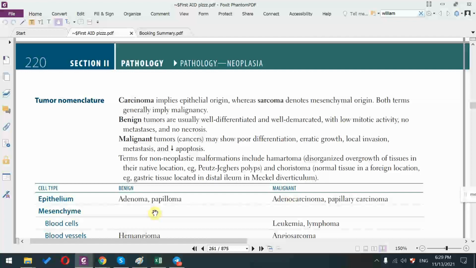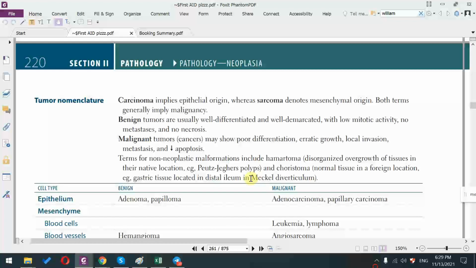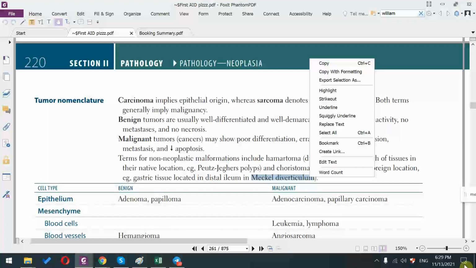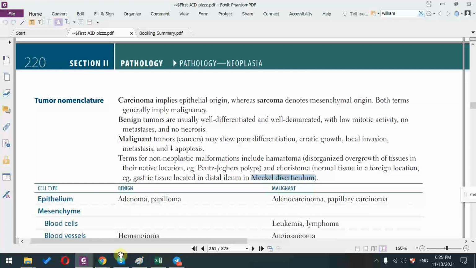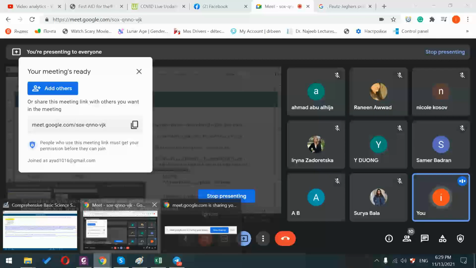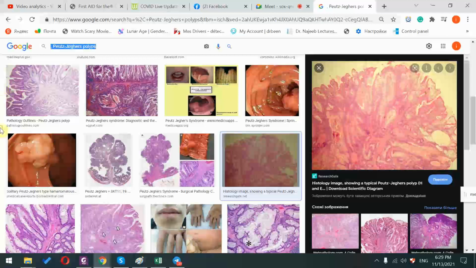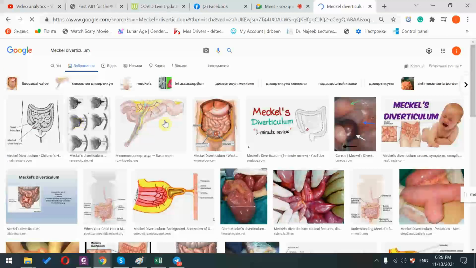For example, you have gastric tissue located in the distal ileum. This is totally abnormal. I will teach you in the future that there is something called a Meckel diverticulum, which is an outpouch of your intestine. This outpouch will be located near your distal ileum. Remember, the small intestine consists of the duodenum, jejunum, and lastly ileum.